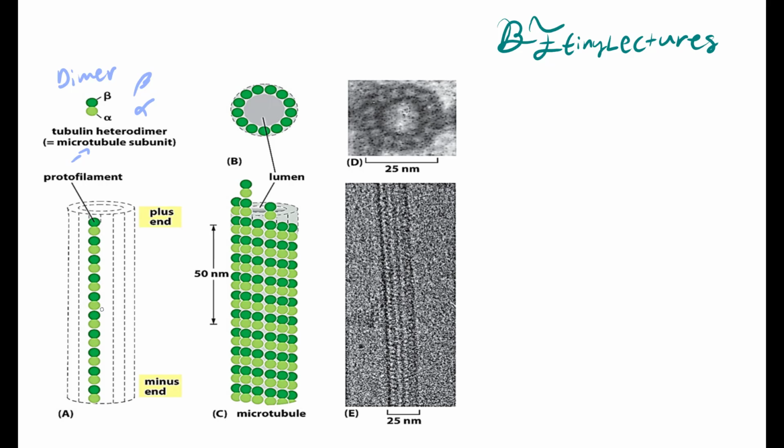So now each subunit will be used to create kind of like a noodle shape. So have you ever played with those little pool noodles? Well, those pool noodles kind of look like these microtubules, because microtubules themselves are hollow. So these are hollow tubes, and these hollow tubes are made from protofilaments.